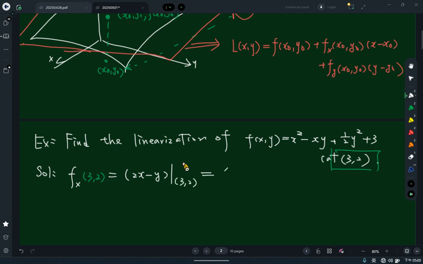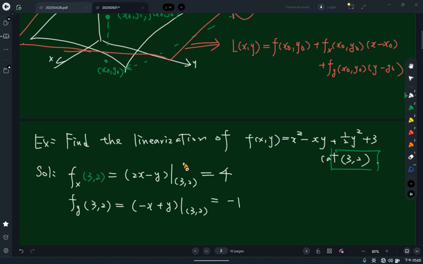So the answer is 4. Then we calculate partial f partial y at (3, 2). That will be negative x plus y at (3, 2). So the value is negative 1.